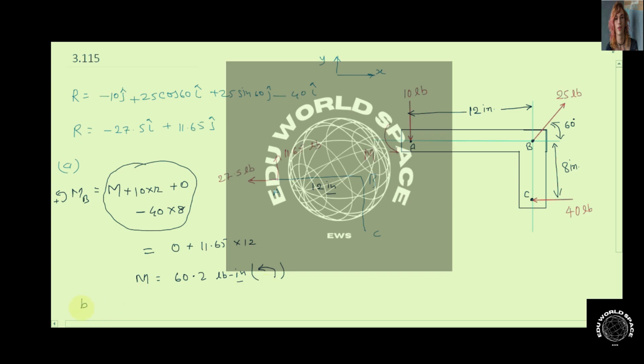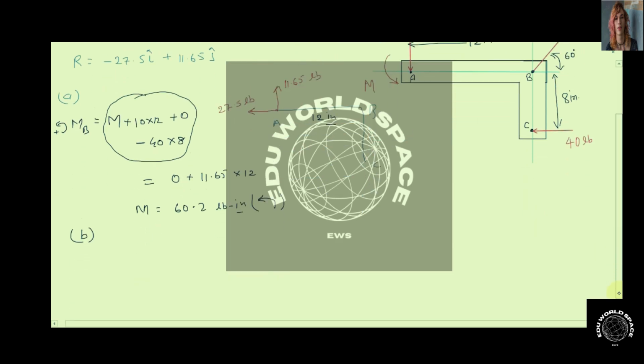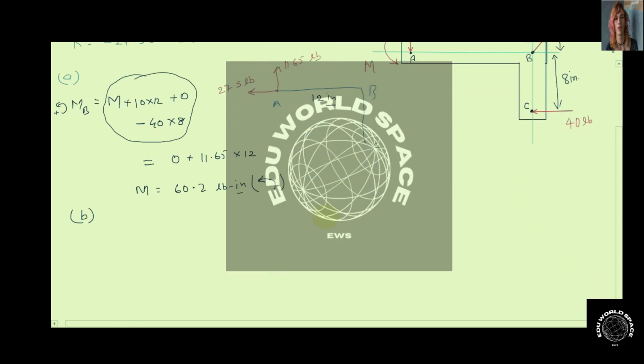Now in the second part, they are asking what the moment value should be so that the equivalent force is present at point B. So this is A, B and C. If the equivalent force is present at point B, we can draw the equivalent force here as this component 11.65 pound and this 27.5 pound.